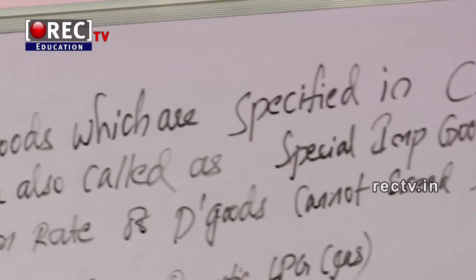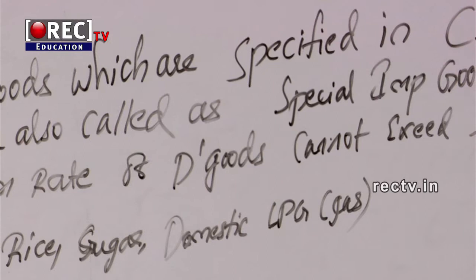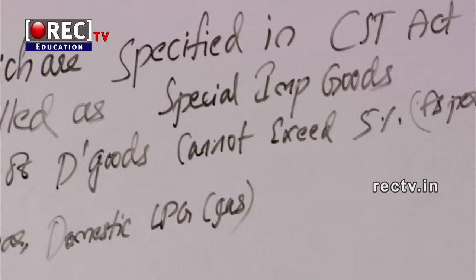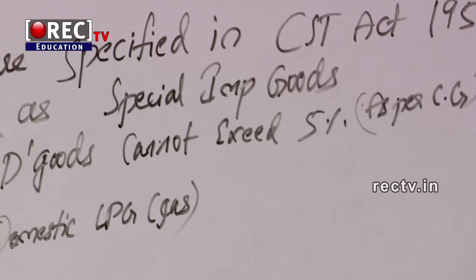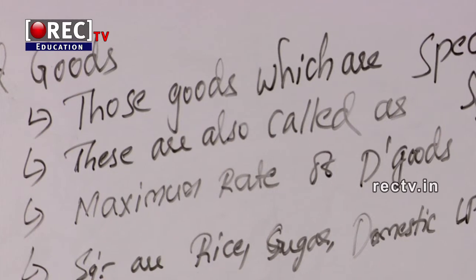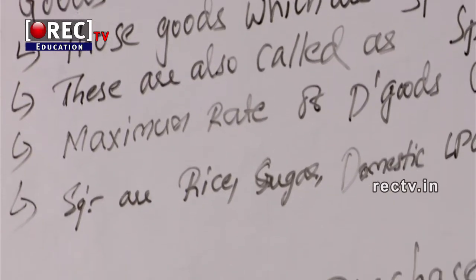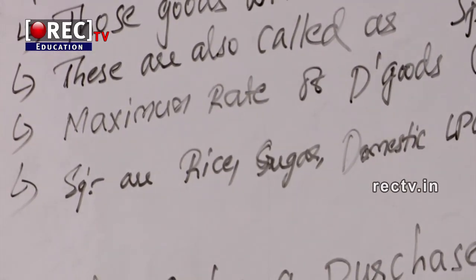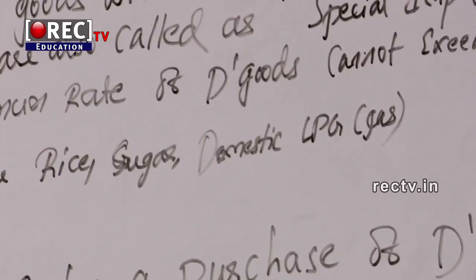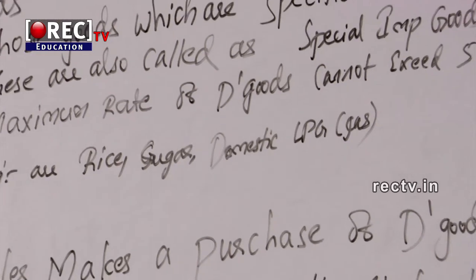They are also known as special importance goods, and the maximum rate on declared goods cannot exceed 5% as per the central government. Some examples of declared goods are our daily used rice, sugar and domestic LPG gas.